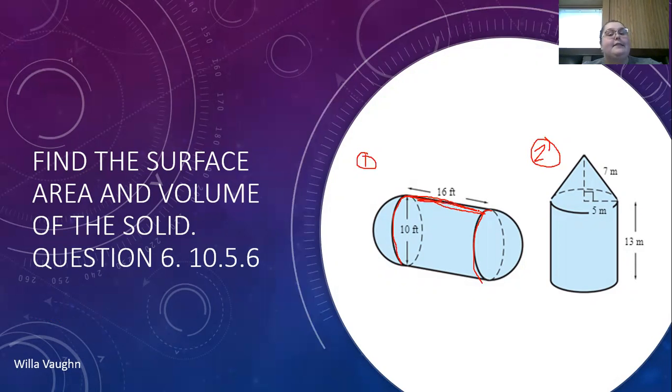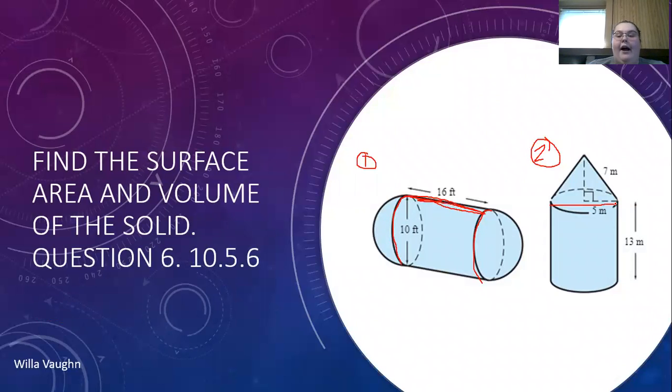So now for our second figure, we're going to split it again with the cone and the cylinder, and we're going to add these again. It's going to be the same equation that we did the first time, the pi radius squared plus the 2 pi radius height, and you're going to plug and chug those numbers that we have up on our figure.